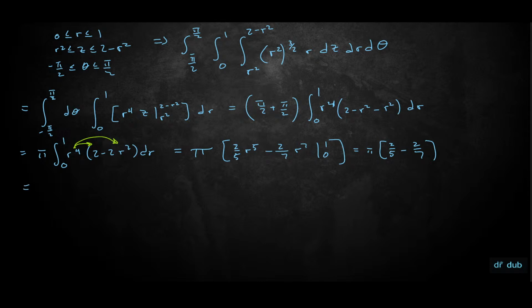And this is going to be pi times, multiply by 7, we get 14 minus 10 over 35, 4 pi over 35.